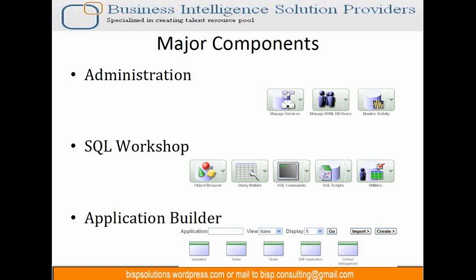There are just three main classifications of the components. One is administration. This is mainly for when there are multiple members working on a project in the same Apex environment. We need to make sure that each one has their own workspace so that my work does not override your work, and so on.